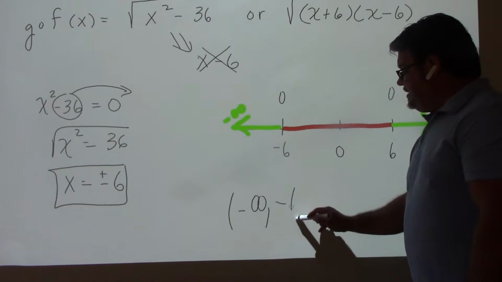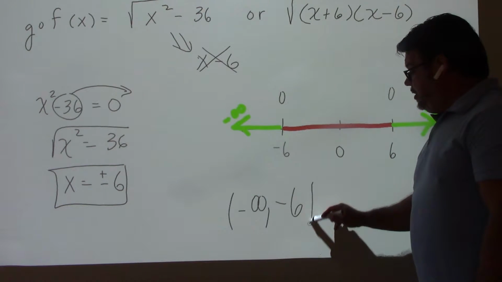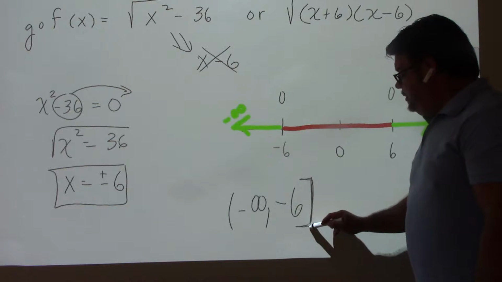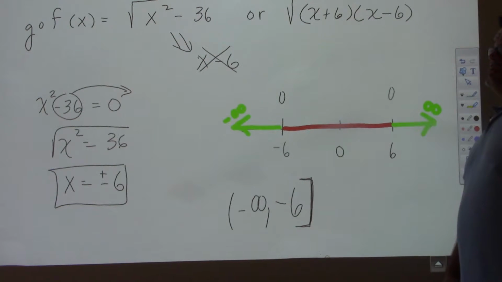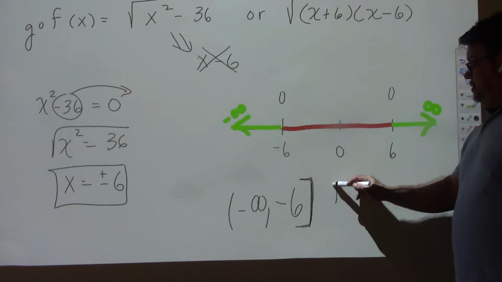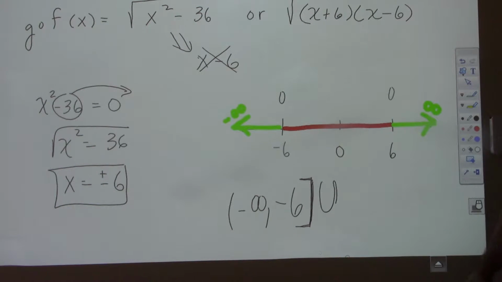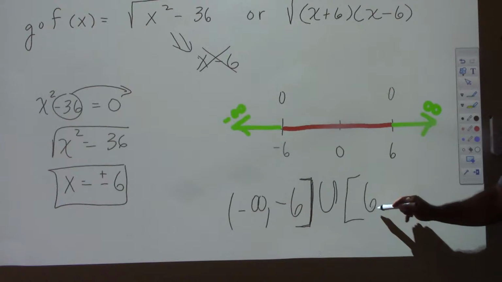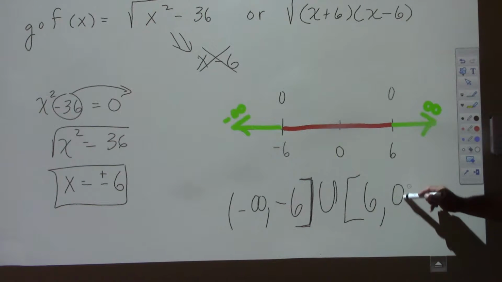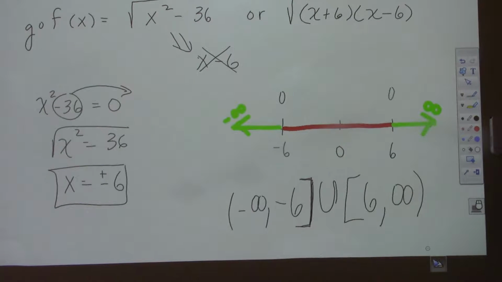Can we touch 6? Yes, because you can take the square root of 0. And this is not an intersection because nothing overlaps, so it's a union. And then 6 to infinity. Good job. And that's your answer.